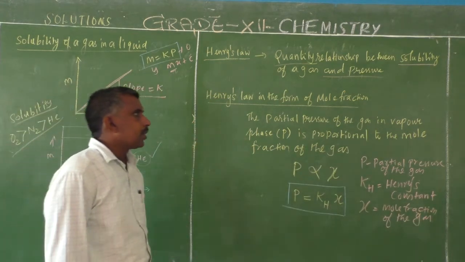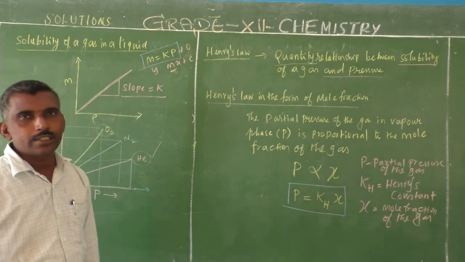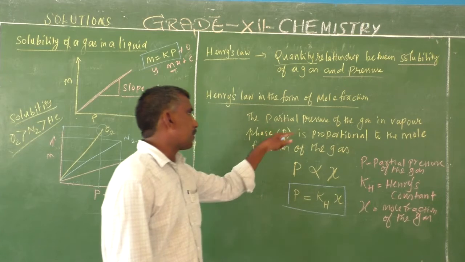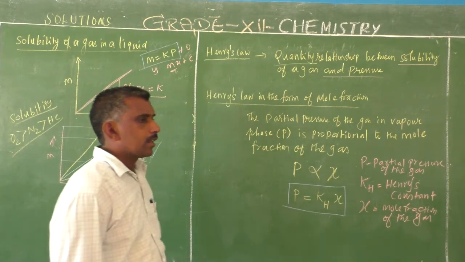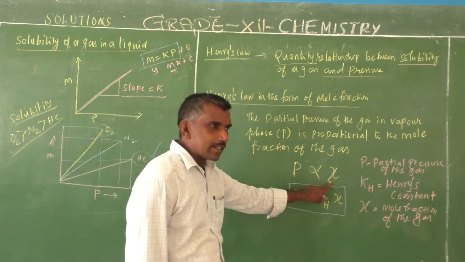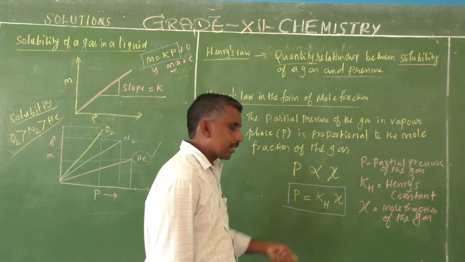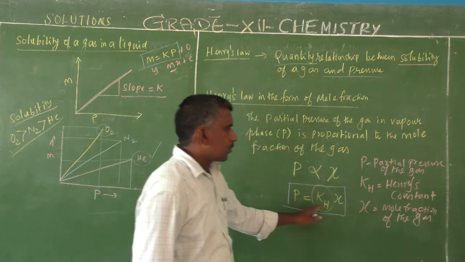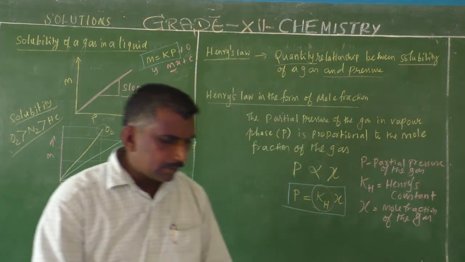This is Henry's law. The partial pressure of the gas in the vapor phase is proportional to the mole fraction of the gas dissolved in water. KH is the proportionality constant known as Henry's constant.